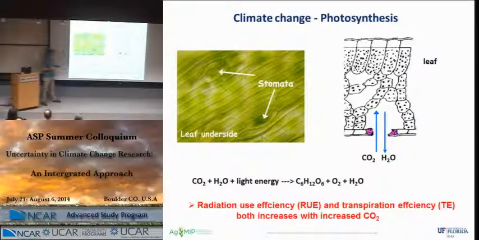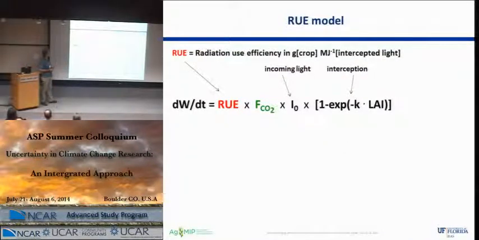So by including, this is my only equation I show you today, when you try to calculate the growth on a particular day, we can translate the incoming radiation, which is here, depending on how much you intercept. So it's a bit more complicated if you're growing a canopy. A certain proportion is intercepted.